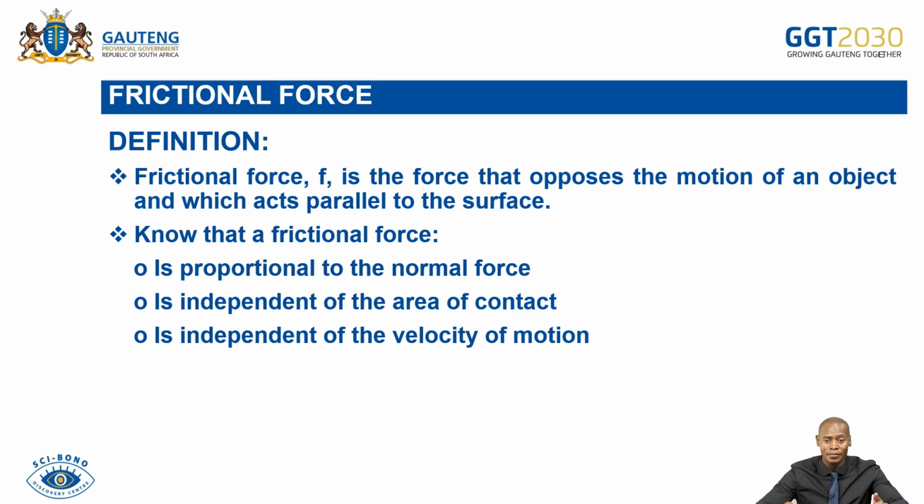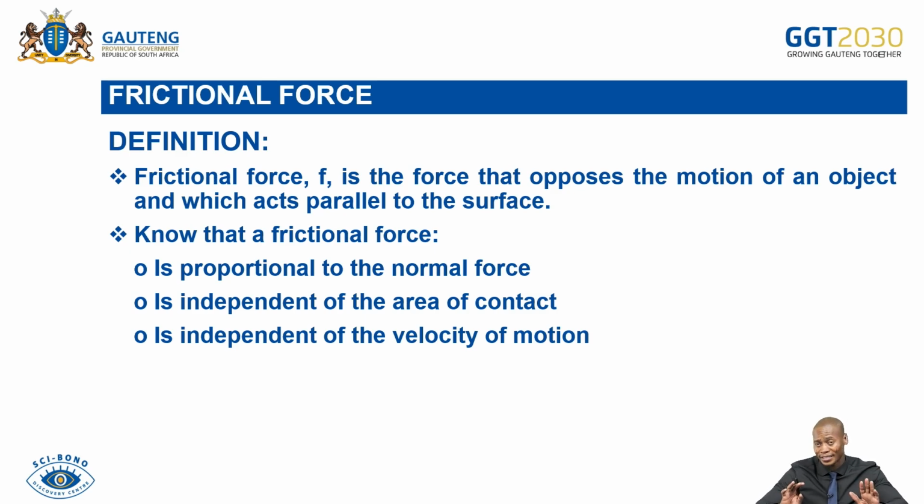For example, a person standing on the floor is in contact with the floor, so there will be a force exerted by the floor on the person. That force exerted by the surface on an object, the floor on the person, is the normal force.